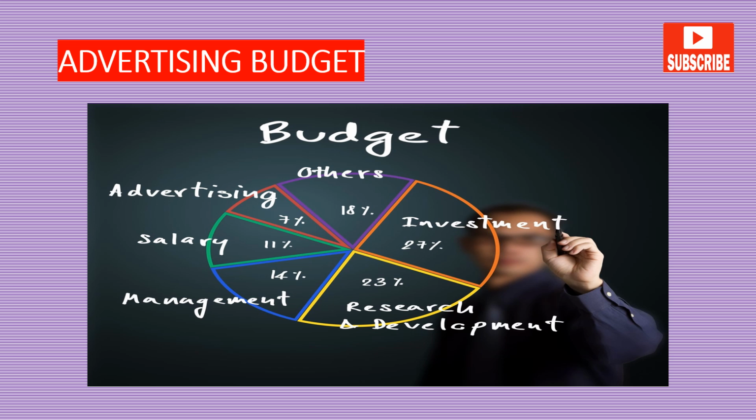Salaries are another 11%, management 14%, research and development 23%, investment 27%, and other investments come to 18%. So this is just an approximate figure, so we can identify how much approximately an organization can spend on advertising.